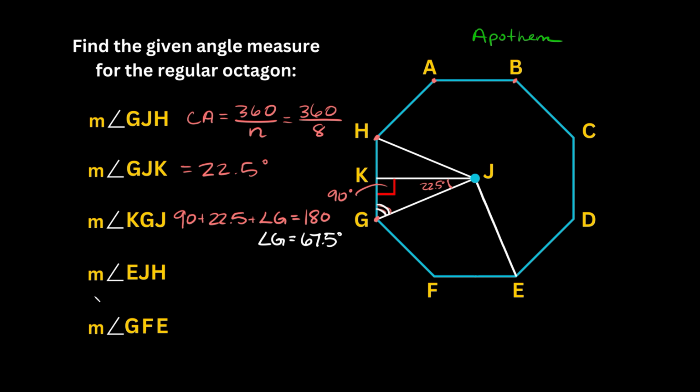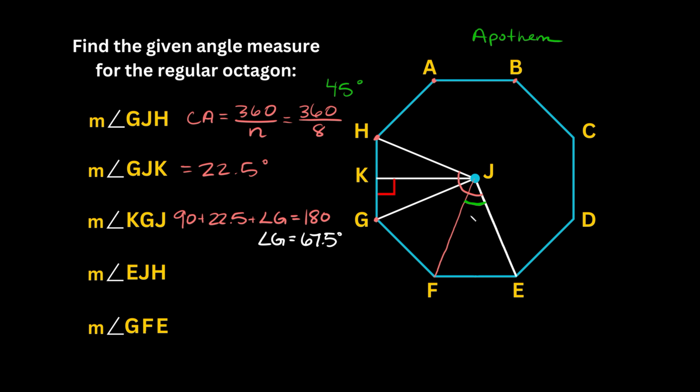So let's go to these last two right here. Next we want to find EJH. So we want to find this big angle right here. Well, to find this big angle, maybe it'd be helpful if I just drew a line segment from the center of the polygon to this edge right here. So now you can see that we have a central angle right here. And remember, each of these central angles were equal to, I'll just write it over here, 45 degrees.